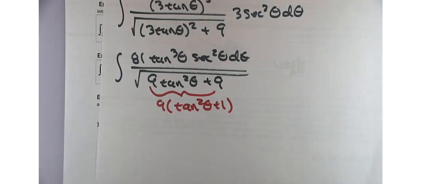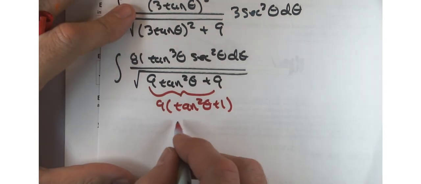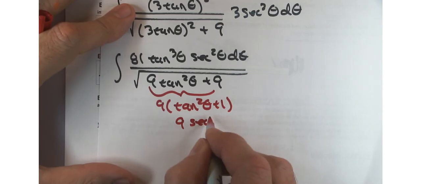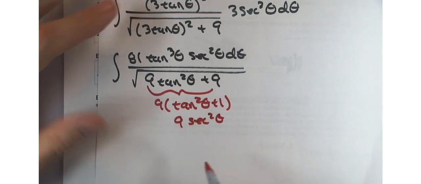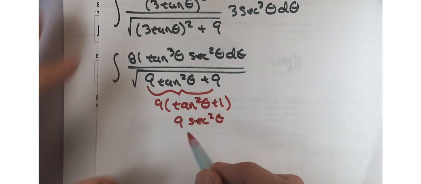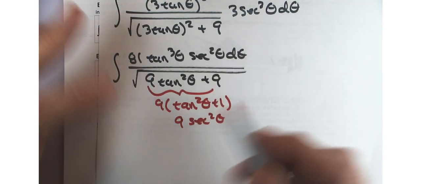Does that help at all? What does it do for us? Gives you secant squared. Yeah. That's one of your trig substitutions from the last section. That's going to be 9 times secant squared of theta. And when I take the square root of that, I'll get the denominator.